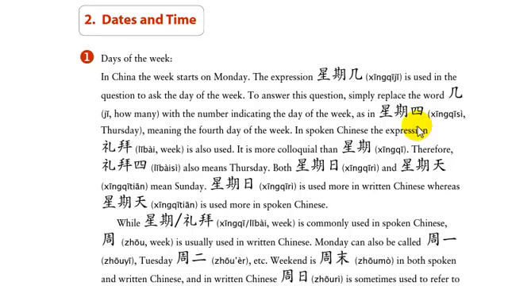There are a couple other words used for week. Just like 星期, 礼拜 is also used. It's a little more colloquial than 星期, like spoken on the street. So 礼拜四 would be Thursday as well.